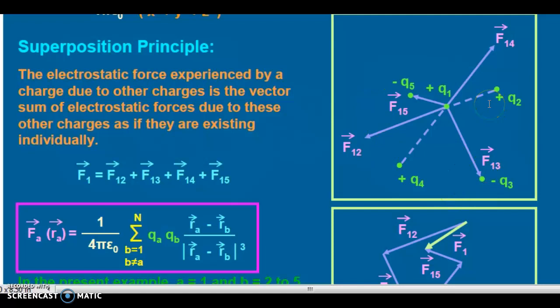Yes, there is going to be a force acting on each and every pair in the system. But when I want to find the forces acting on Q1, I have to take the pair of Q1 with some other charge, and all those pairs' forces will be taken into consideration, and their vector addition will give me the resultant force acting on Q1.